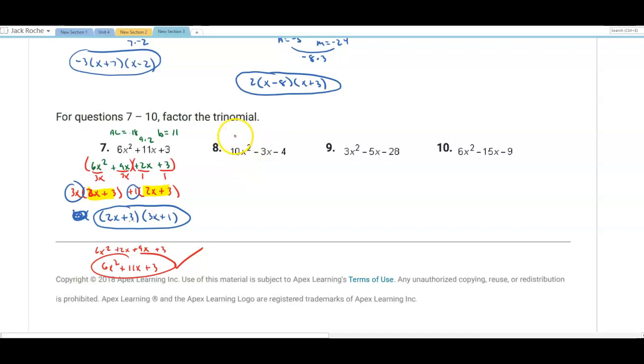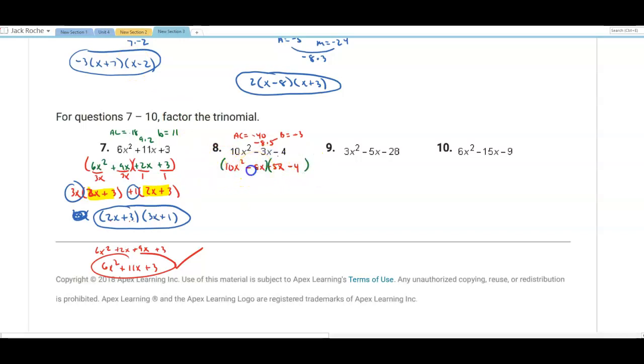The next one. AC is 10 times negative 4, which is negative 40. B is negative 3. What numbers multiply to give me negative 40 and add up to negative 3? It would be negative 8 and 5. So, 10x squared minus 8x plus 5x minus 4. I group the first two and the last two.